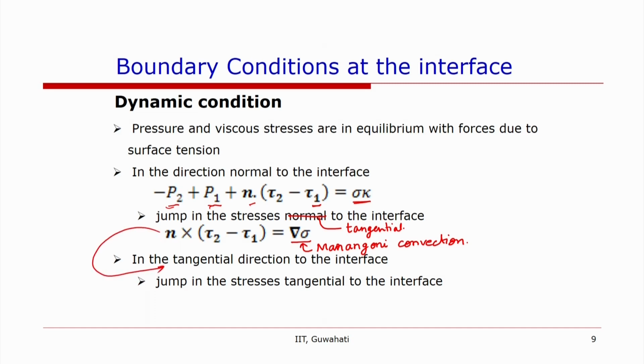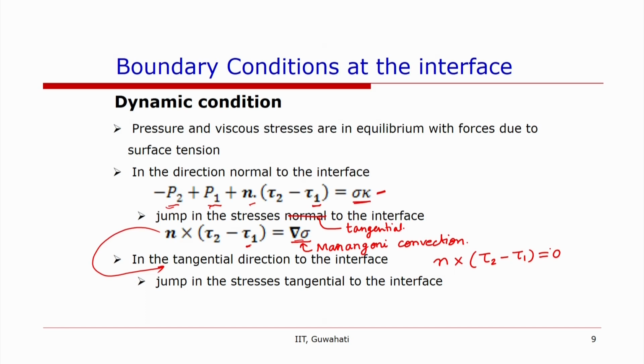So, the jump in the stress normal to the interface is this, whereas in the tangential direction to the interface, n cross (T2 minus T1), that is the tangential component of the stress, will be equal to del sigma if there is a surface tension gradient.